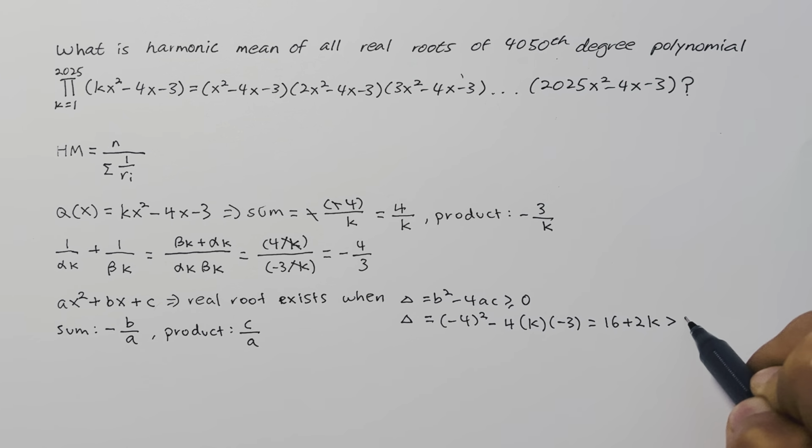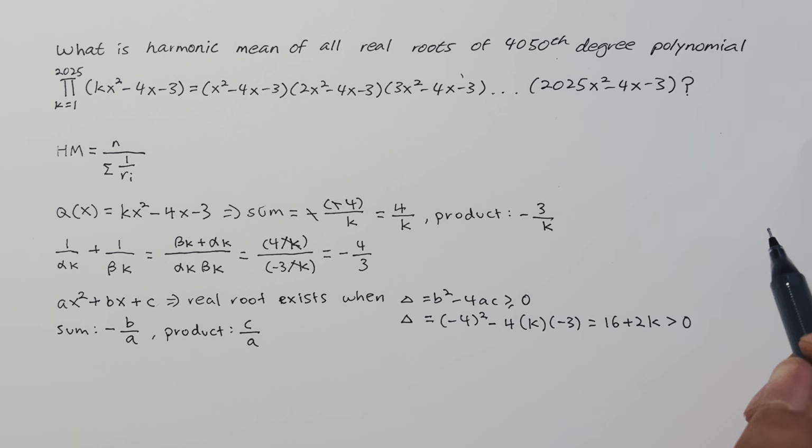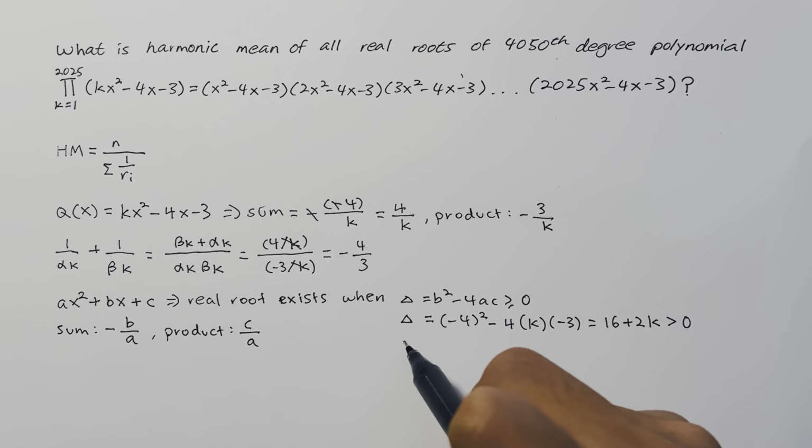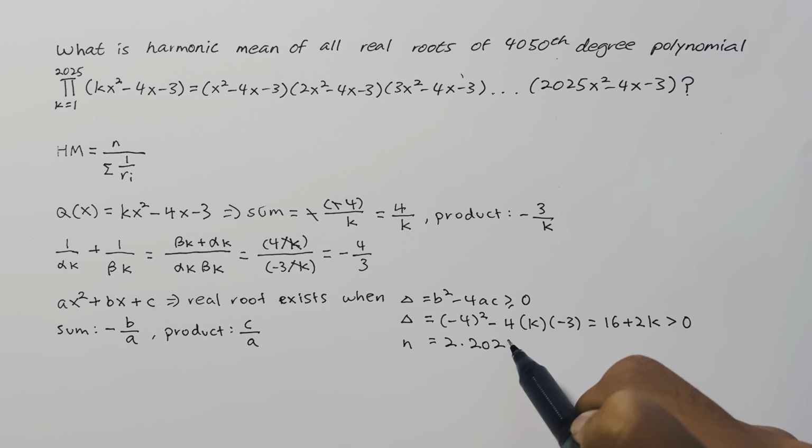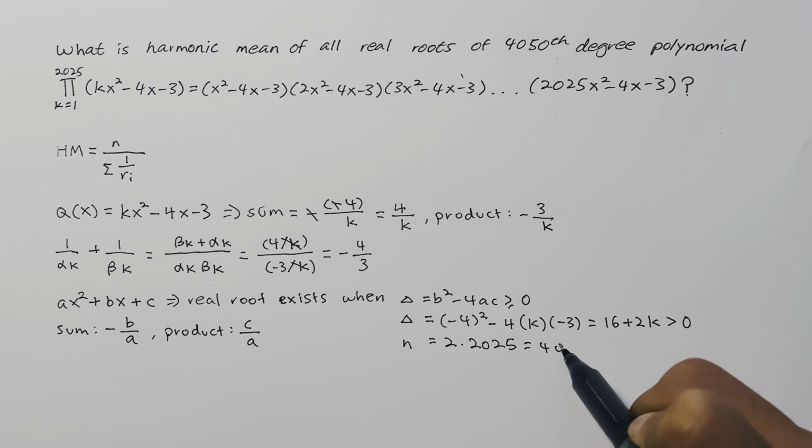Therefore, the discriminant is always positive. This proves that for every factor, both roots are real and distinct. Our first target n is the total number of roots. So n equals 2 times 2025, which is 4050.